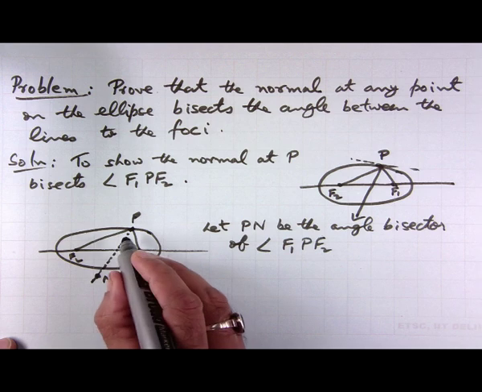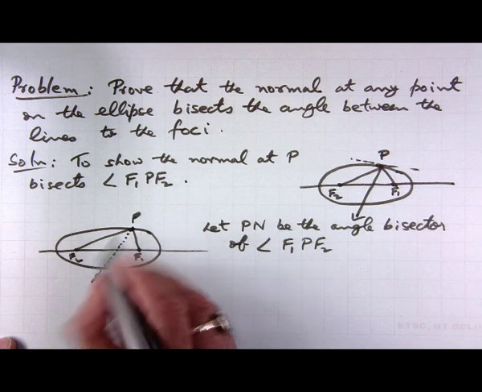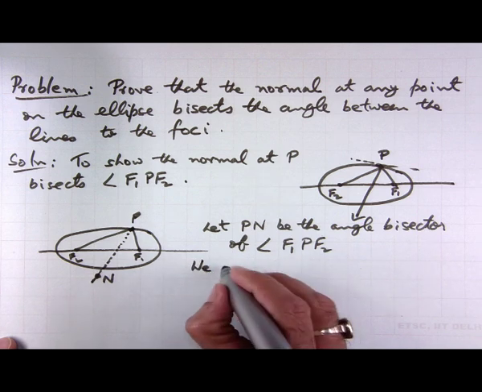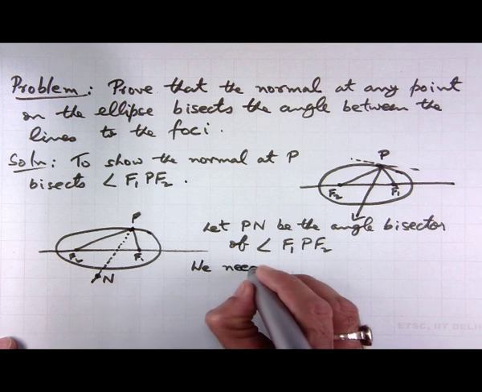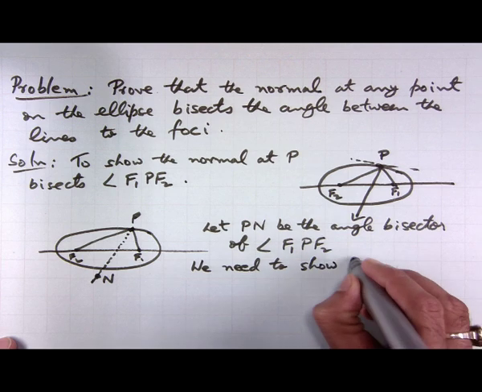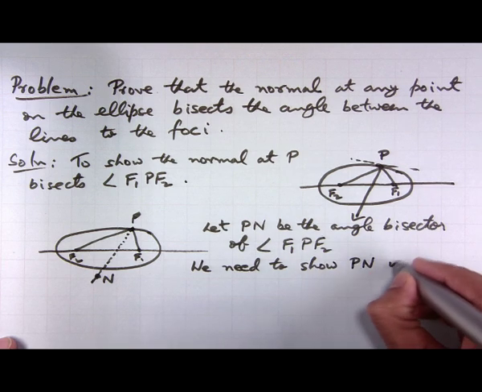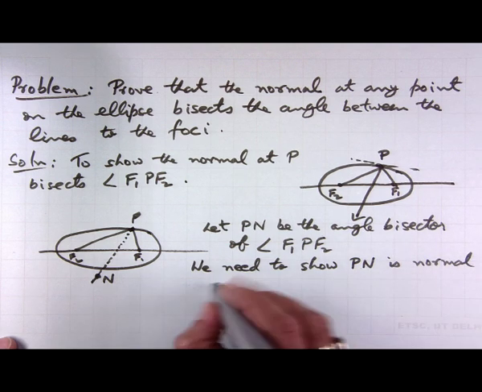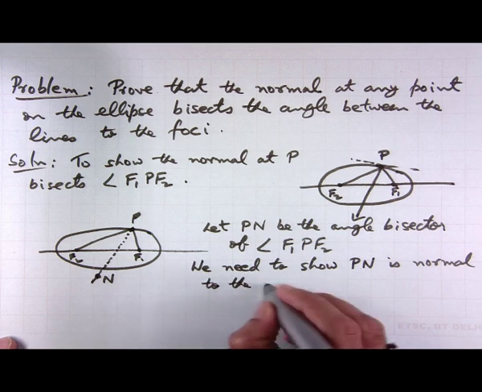And what we have to show is that this is the normal. So, we need to show that P n is normal to the ellipse.